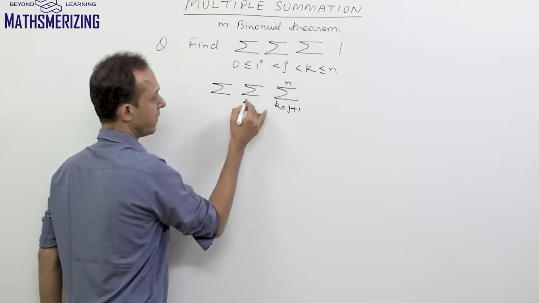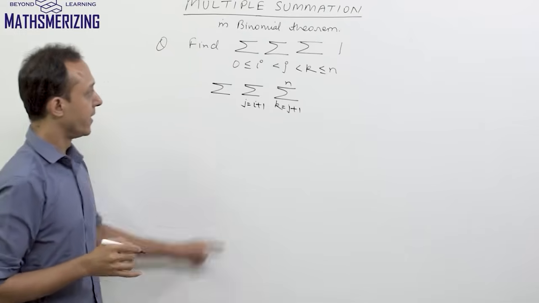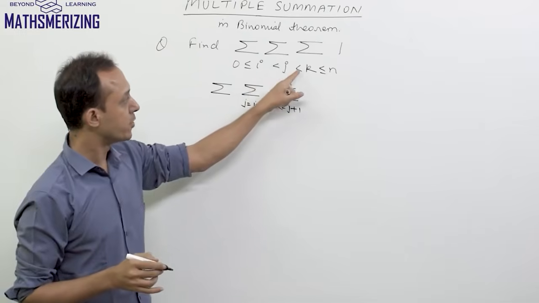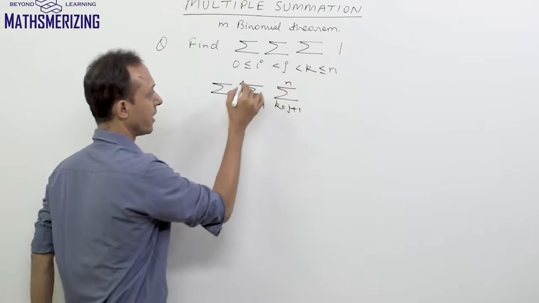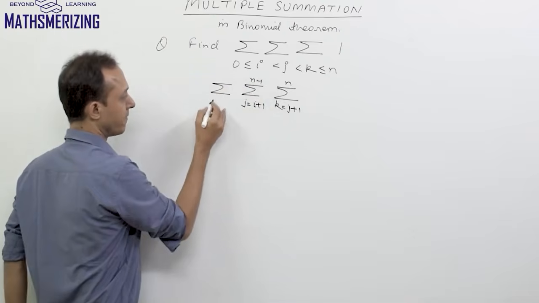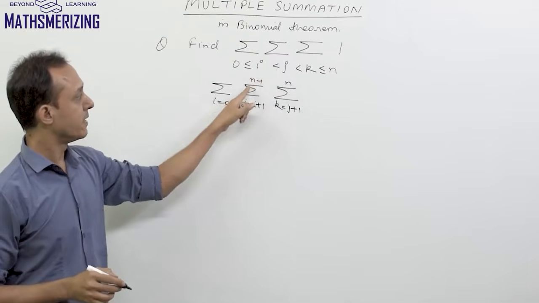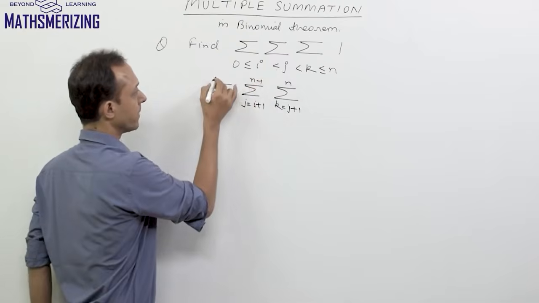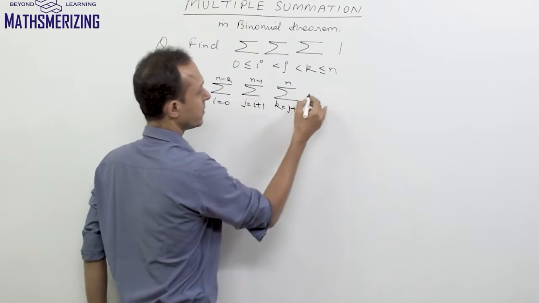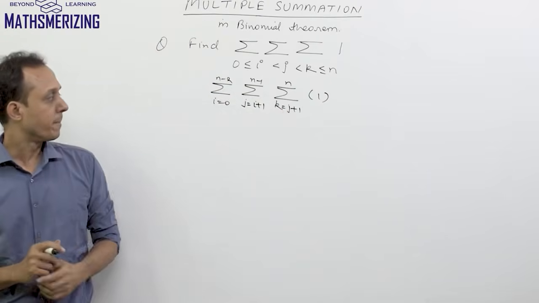Now the value of j is greater than i, so it'll start with i plus 1, and the maximum value it'll have is, j should be less than k, so here it'll be n minus 1. And the minimum value of i will be 0, and its maximum value should be less than the maximum value of j, so it should be n minus 2, and we need to find this triple sum of 1.